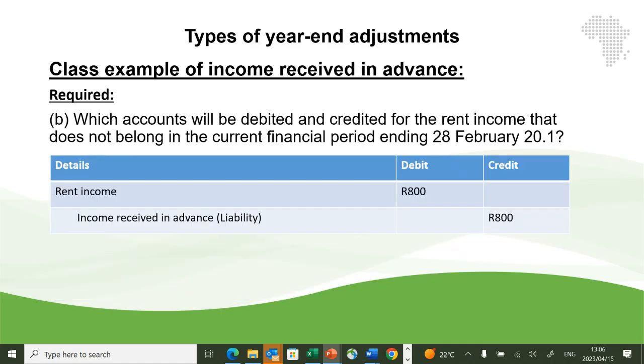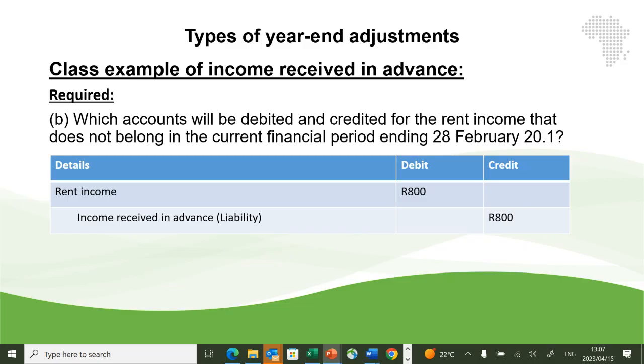Then what they're requiring here is the adjustment journal entry at the end of the year. What are you going to debit and credit? Now we are aware that 800 Rand does not belong to the current financial period. Remember that we have already debited bank by 10,400 and credited rent income by 10,400. Now we need to adjust that rent income because 800 does not belong to the current financial period.